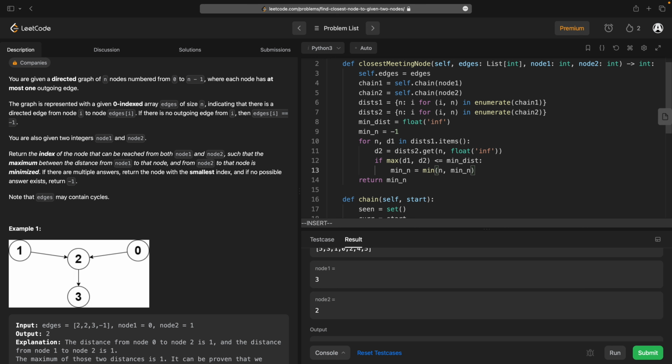I think that works. And then I just need to do the same thing again.